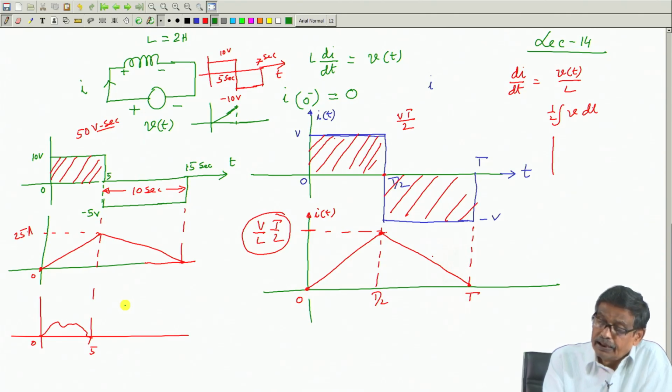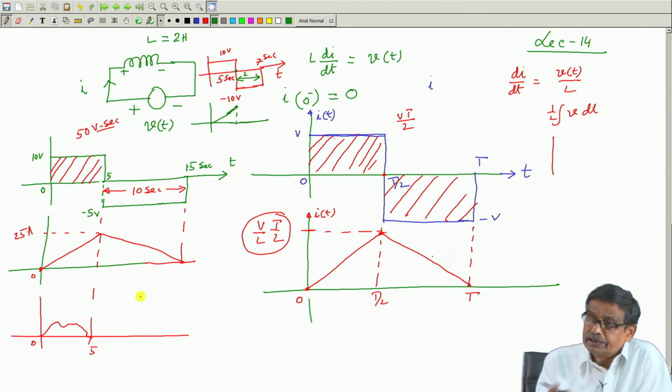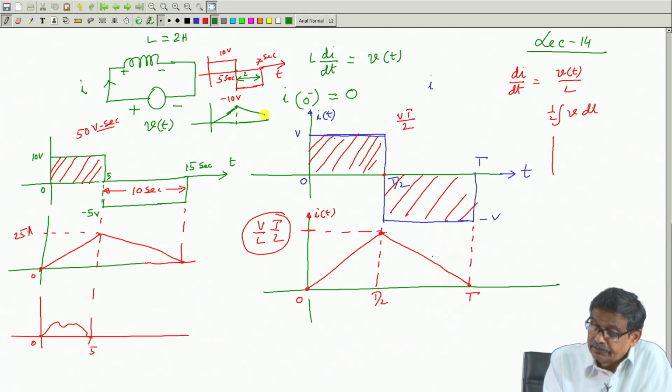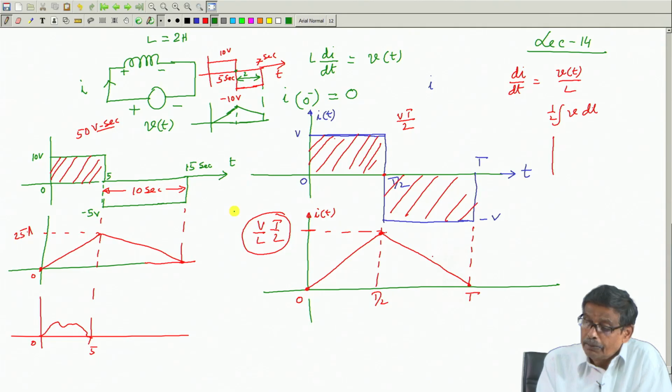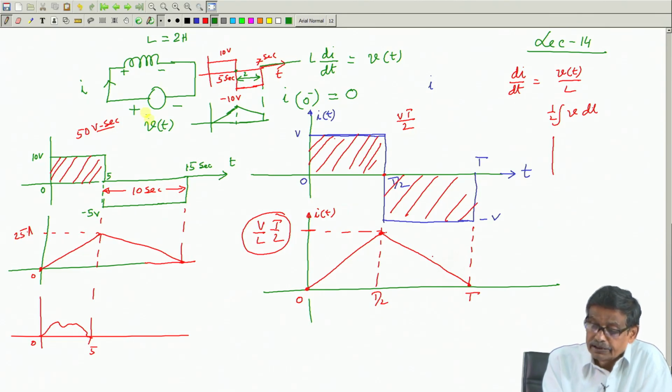There you applied 10 into 5, 50 volt second you have applied, but this interval is 2 second, because 7 minus 5, this point is 5. How much volt second you have applied? Minus 20. Therefore, current after this will not reach 0 value, but after that you have not applied any voltage.